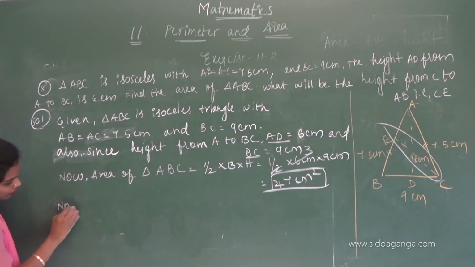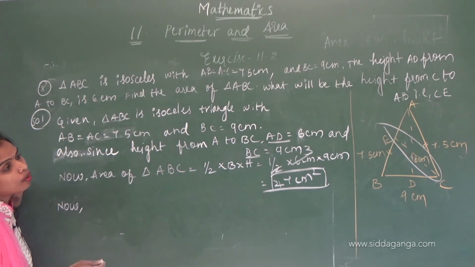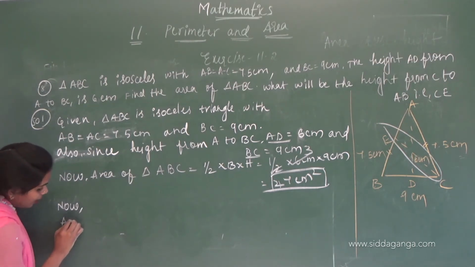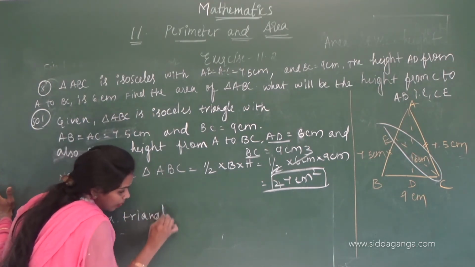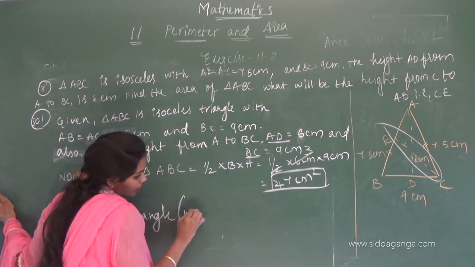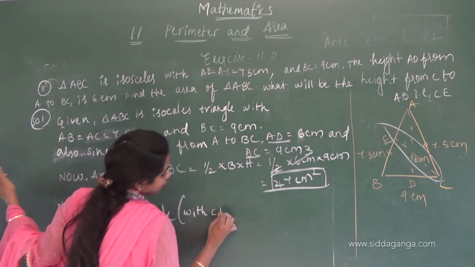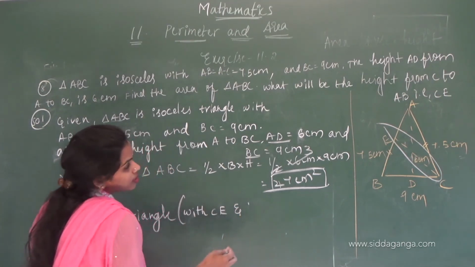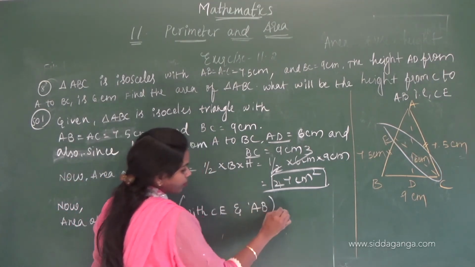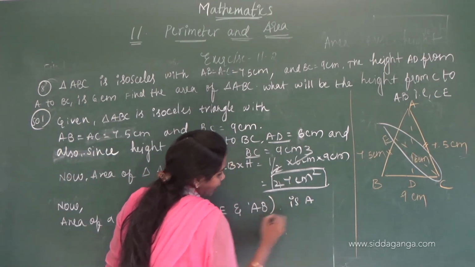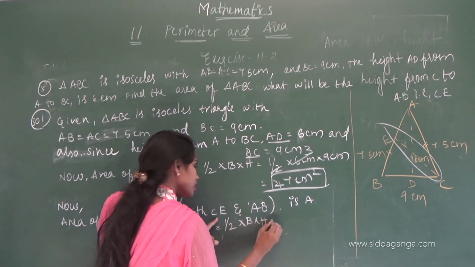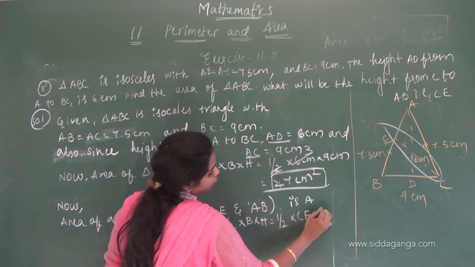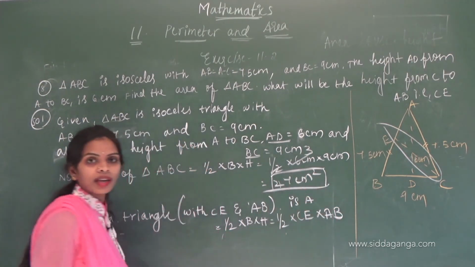Now the area of a triangle with C as vertex, no need to write this, I am writing this for your purpose, is equals to half into base into height, half into CE into AD, correct?